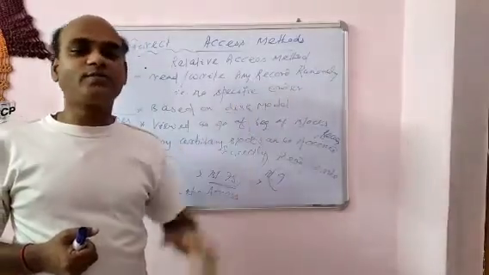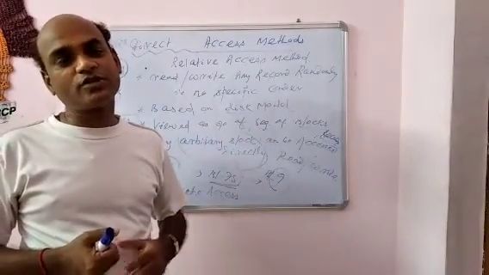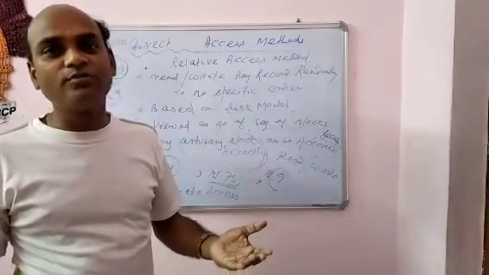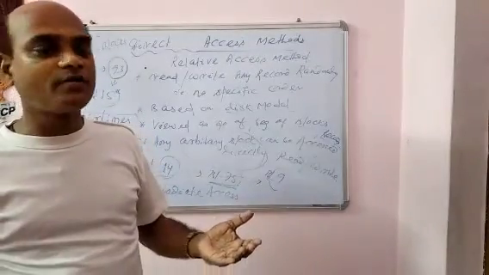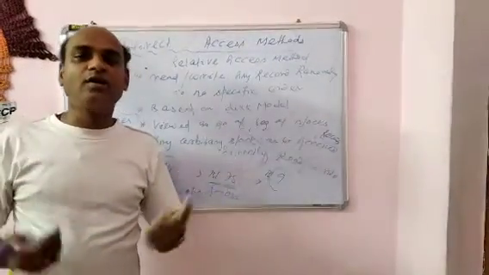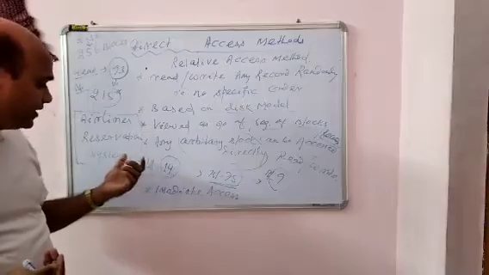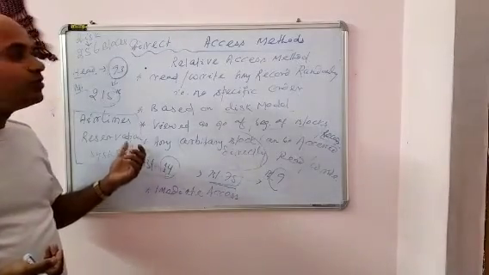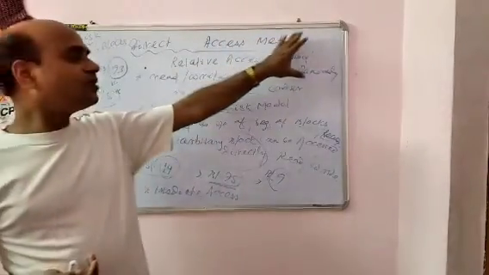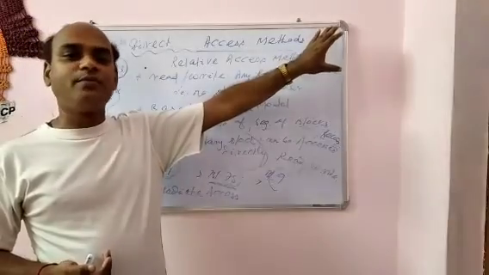Directly you can fetch that particular information, just like listening to a song from a CD or iPod, or ticket booking in a reservation system. So this is about the direct access method, which was also introduced by IBM.